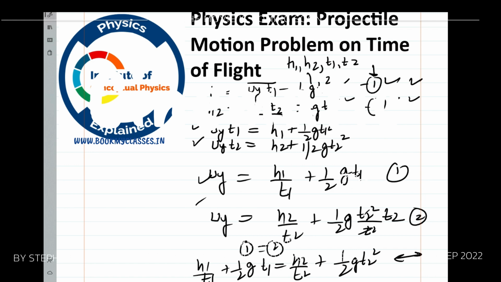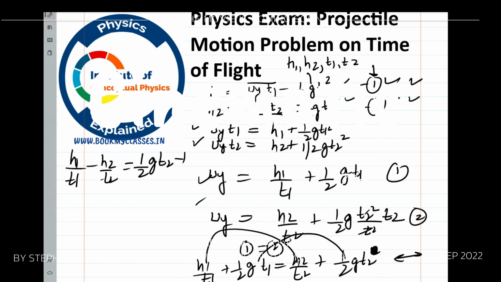What do I calculate using this? It's not T squared, it is T2. I can calculate g from this. How do I do that? I will bring this expression here, and so this will become h1 by t1 minus h2 by t2 is equal to half g t2 minus half g t1.